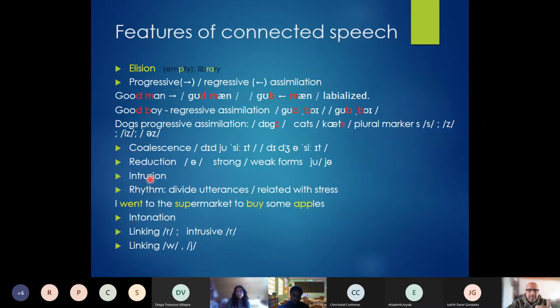I went to the supermarket to buy some apples. I went to the supermarket to buy some apples. I don't know if it makes sense to you, but there's a specific rhythm in which we choose to stress specific elements in this utterance. Not any, but only content words.